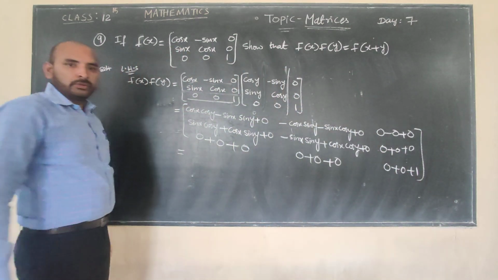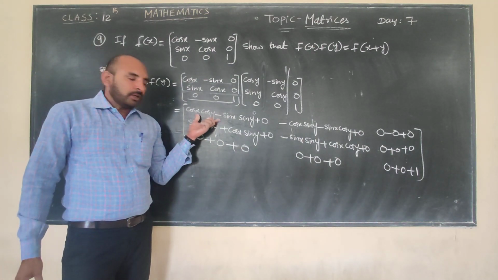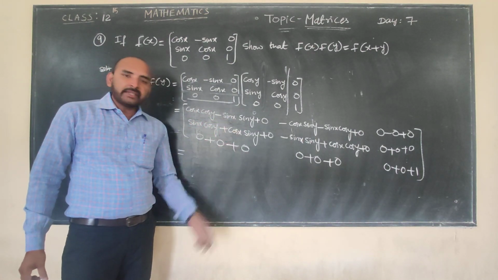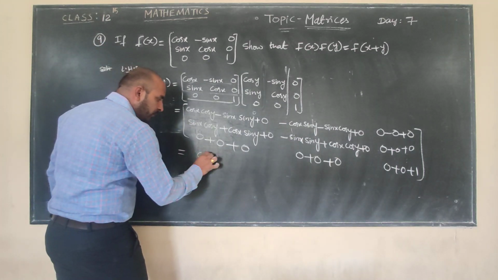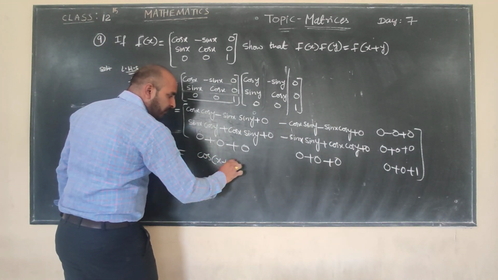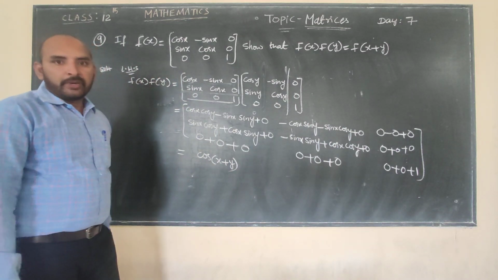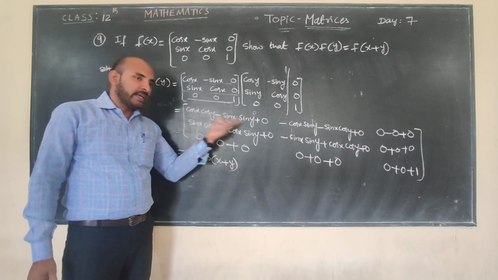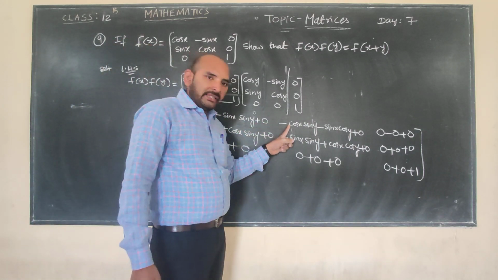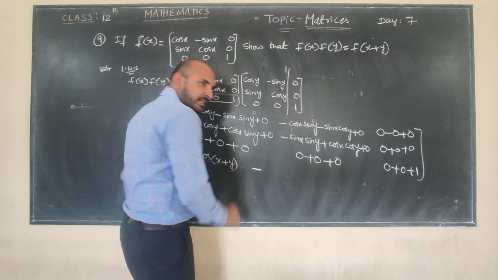Which is equal to, this is the formula: cos x cos y minus sin x sin y is the cos of x plus y, trigonometric formula. Cos of x plus y formula, cos x cos y minus sin x sin y. Now here, take minus common.